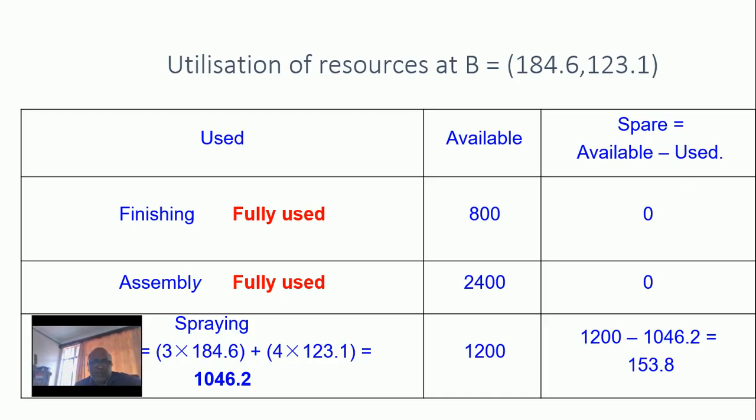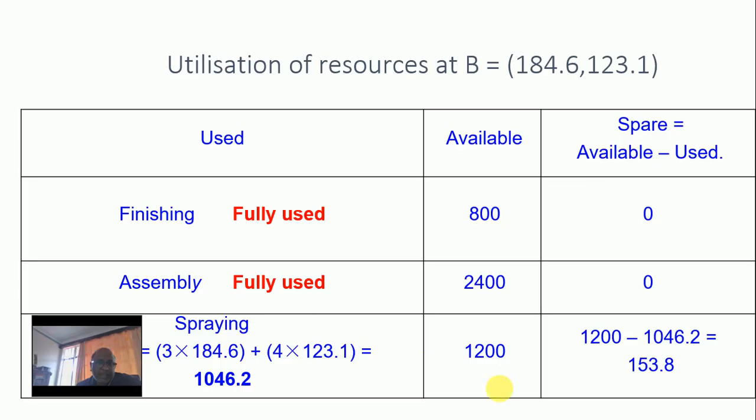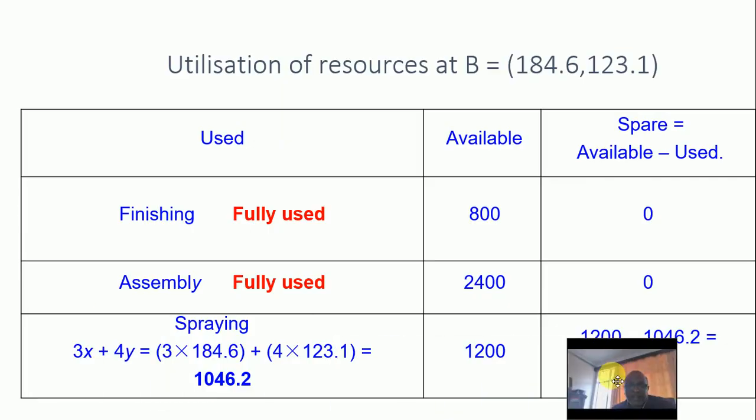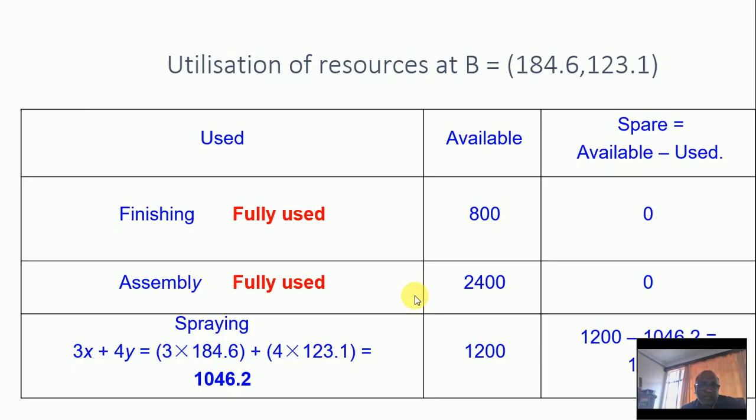So that's the meaning of this point of intersection, which we didn't consider and which involved spraying. And that tells you the spare hours that I was given to do the job, and I did it in less than the amount of time allocated to me.